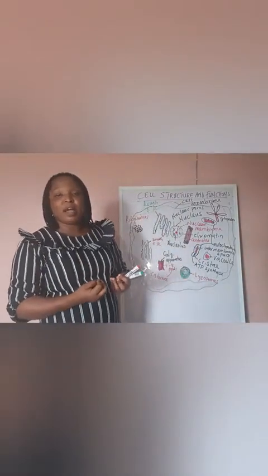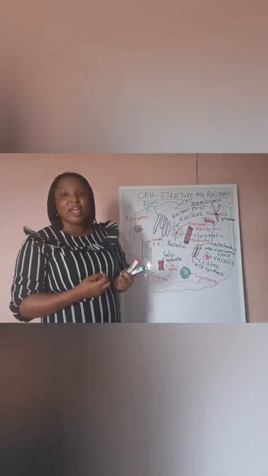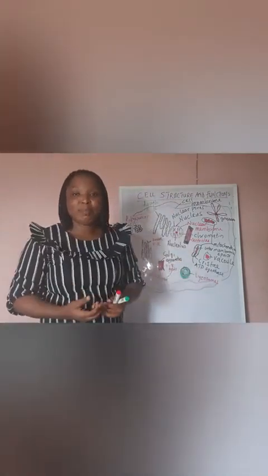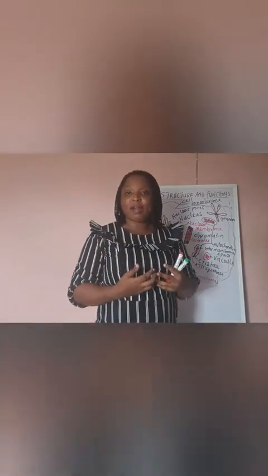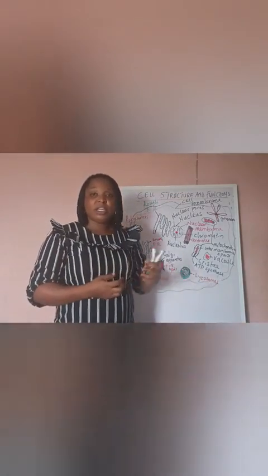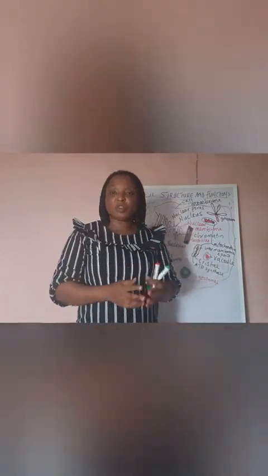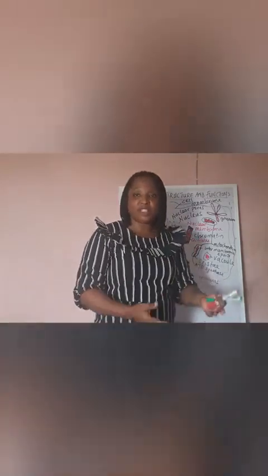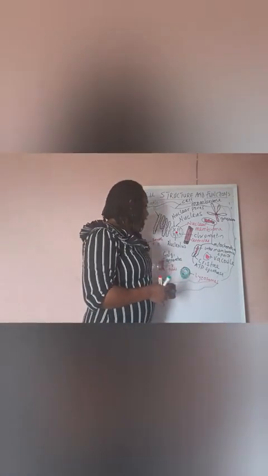Lysosome contains hydrolytic enzymes which take part in the recycling system of the body. That means they help the body to recycle, and when there are harmful materials in the cell, the lysosomes are responsible for the destruction of harmful materials before they get to the cytoplasm. So that is the function of lysosome.